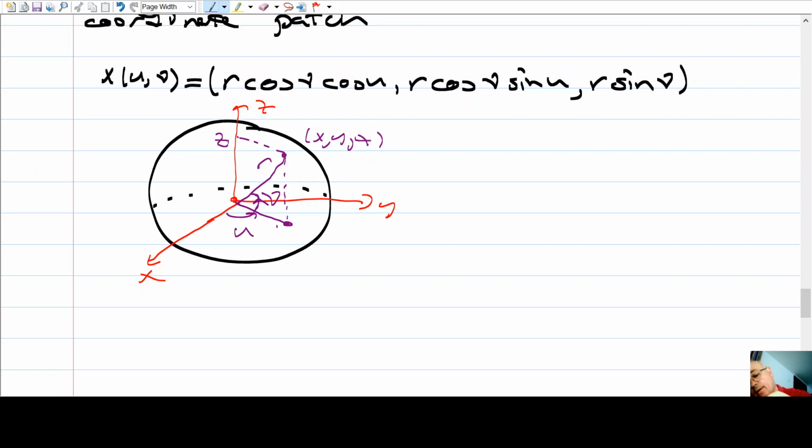So x is this, y is this, and z is this. So u is this angle, and nu is the angle drawn from the xy plane to the line joining xyz to the origin. Okay, so this is our picture and the coordinate patch.